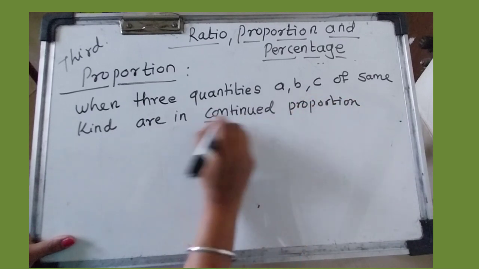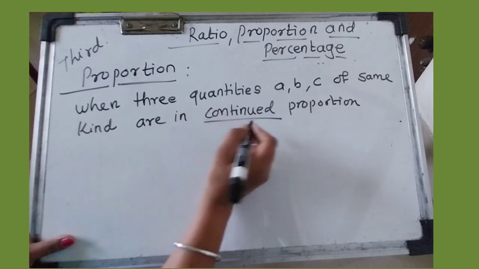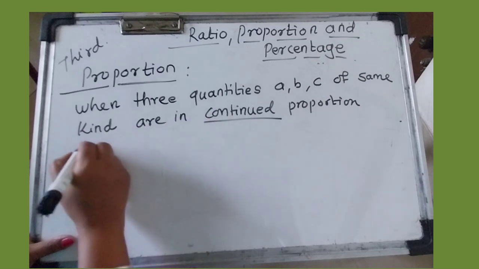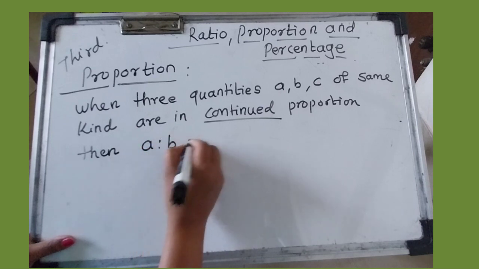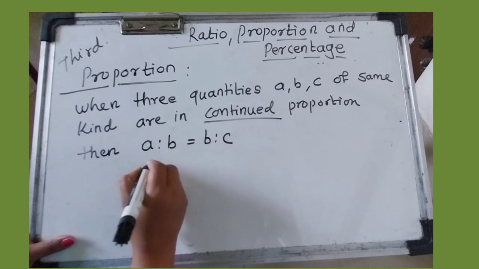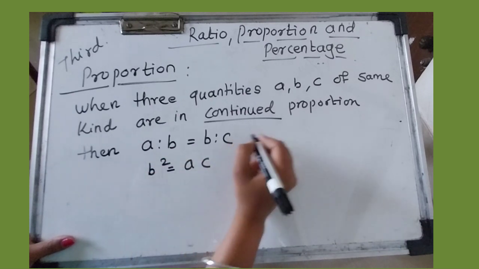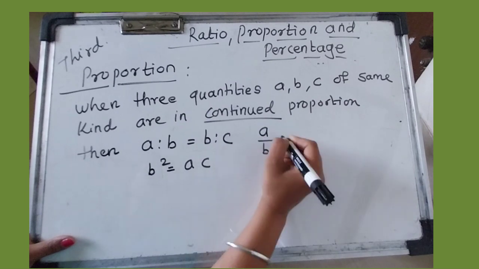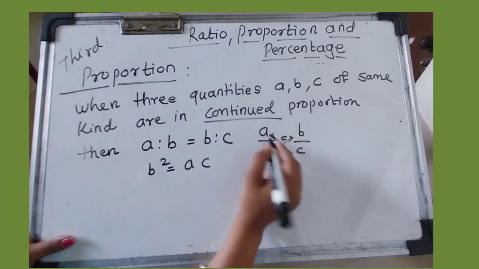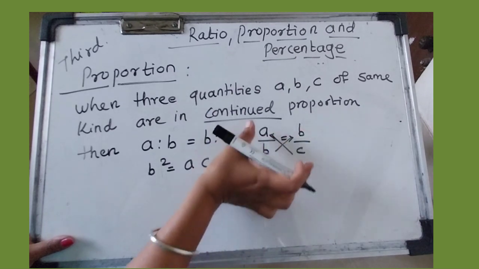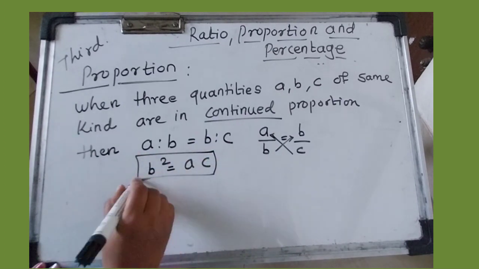We already studied the continued ratio. So if they are in continued proportion, we write A is to B equal to B is to C. What does it mean? B square equal to AC. How? I write A upon B equal to B upon C and take the cross multiplication. B square equal to AC. Product of means equal to product of extremes. Clear?